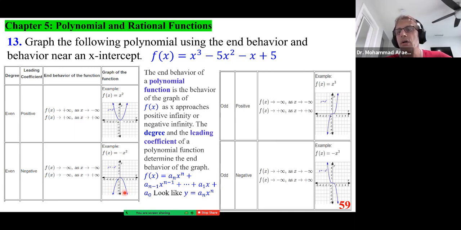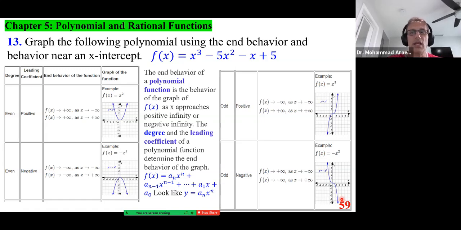In the case of y equals x cubed, if the degree is odd and the coefficient is positive, that means the first and the third quadrant for the end behavior. If it's negative, it looks like y equals negative x cubed, which means the second and the fourth quadrant. So that's the idea behind the end behavior.